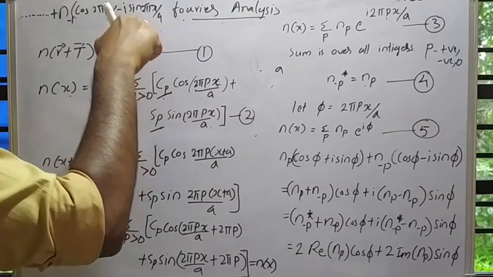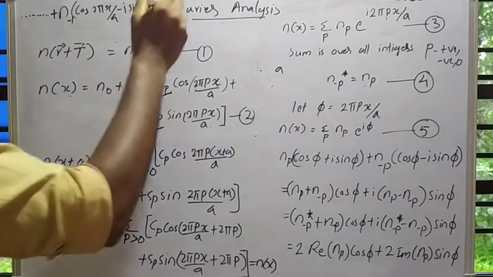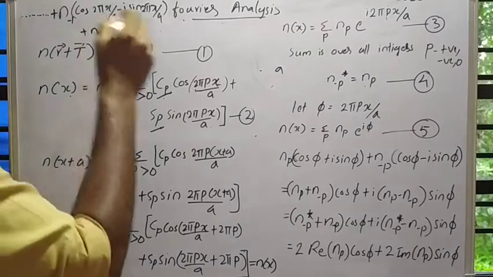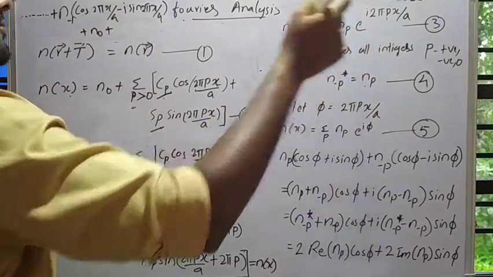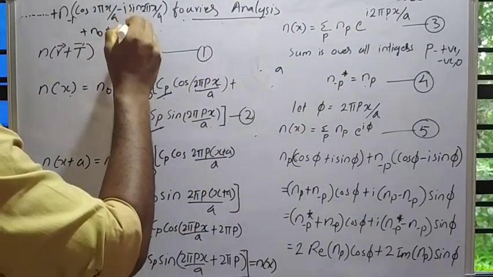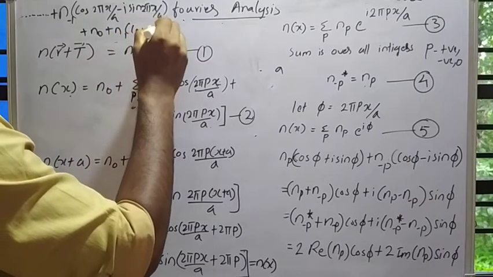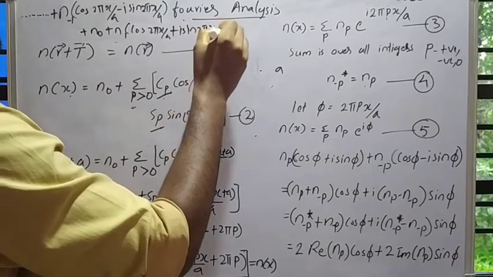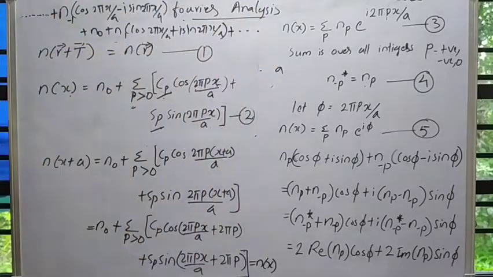Sin minus theta equal to minus sin theta, plus n naught plus, when I apply 1 for p, n1 cos 2 pi x over a plus i sin 2 pi x over a plus etc. I can expand this term in this way.